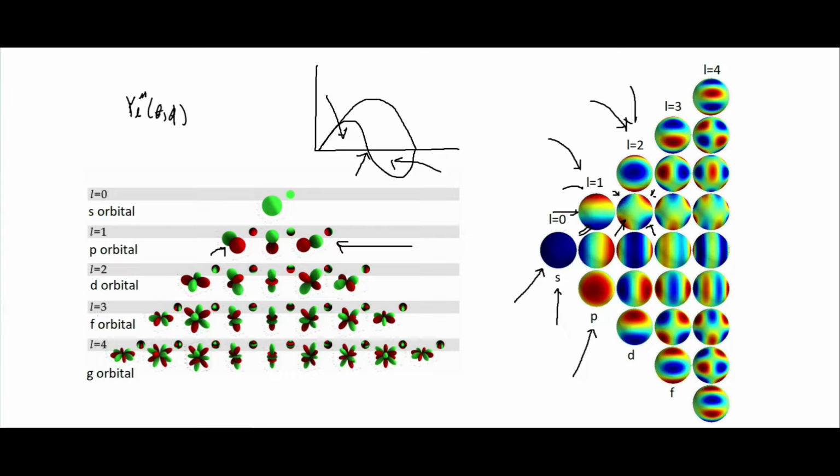That's why we end up getting a shape that looks like this, alternating between green, red, going around like that. On this one, where it is green in the middle, it's 0, and that's why if you're looking down from the top, there is no density right there.